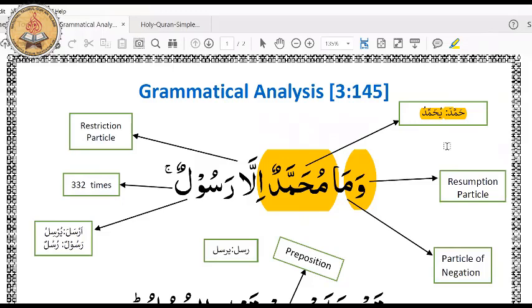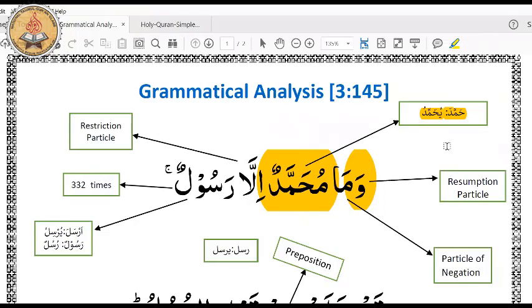From there the word Muhammad has come. The one who is praised repeatedly, time and again, is called Muhammad.